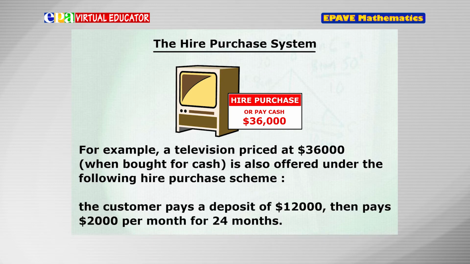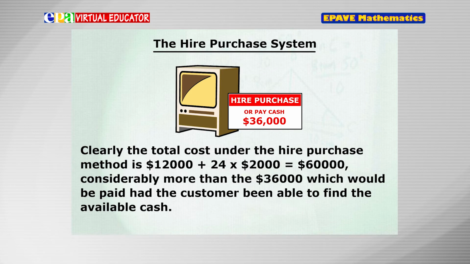The customer pays a deposit of $12,000, then pays $2,000 per month for 24 months. Clearly, the total cost under the hire purchase method is $12,000 plus 24 multiplied by $2,000, which gives $60,000. This is considerably more than the $36,000 which would be paid had the customer been able to find the available cash.